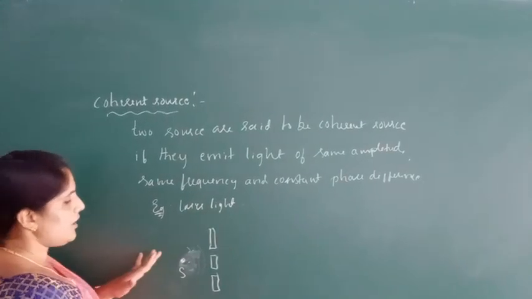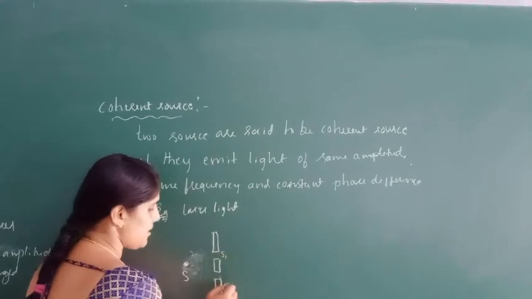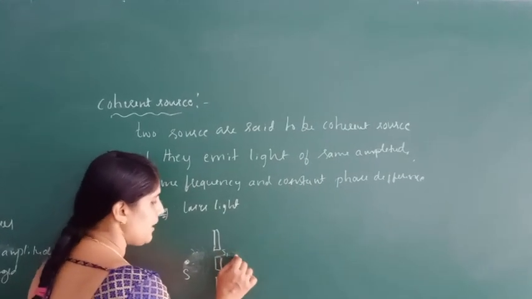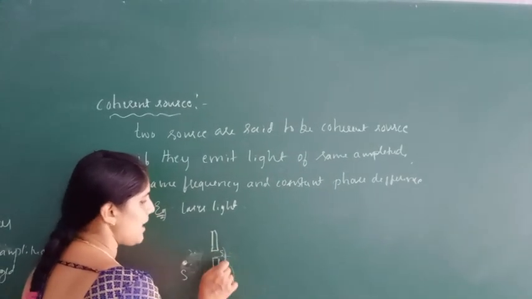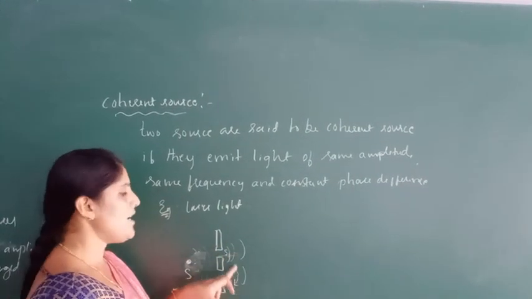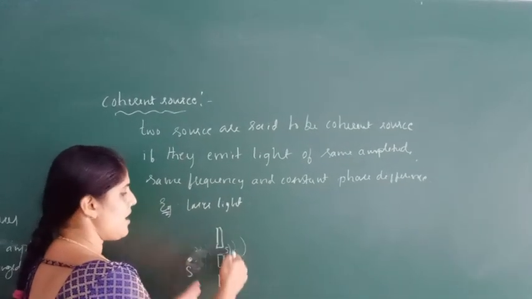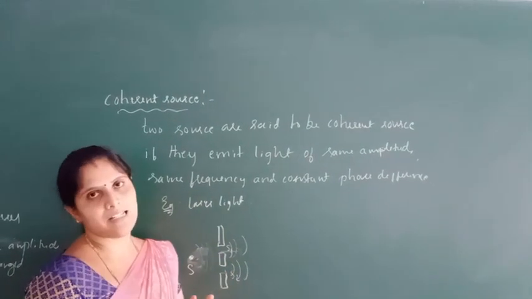When this wavefront passes through these two slits S1 and S2, then we will get light of same amplitude and same frequency. These are the coherent sources. So coherent sources are obtained from a single parent source that passes through the two slits.